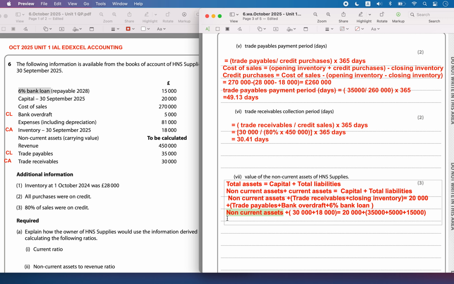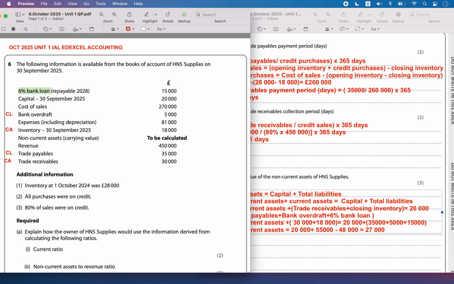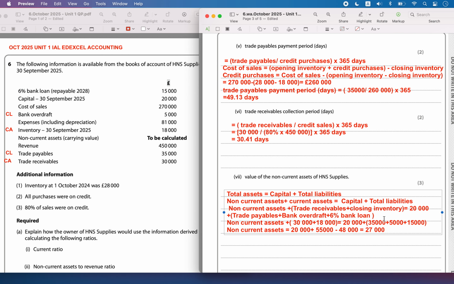Now we can rearrange to find the non-current asset value. So 20,000 plus 55,000 minus 30 plus 18, that is 48,000. When we do that, we get 27,000. So the non-current asset value is around 27,000.